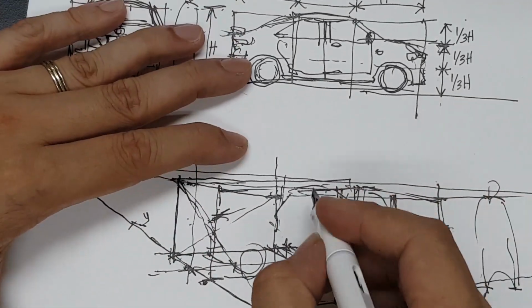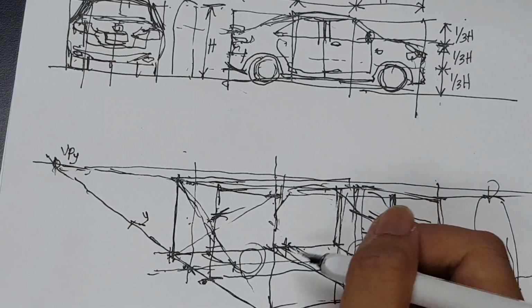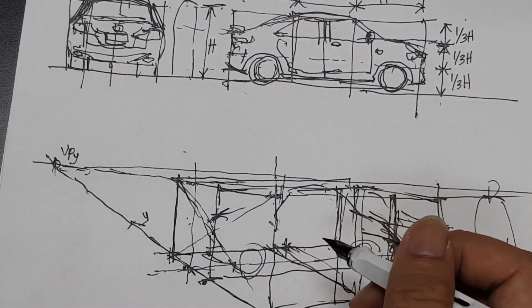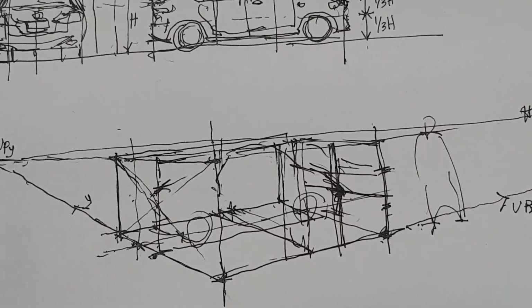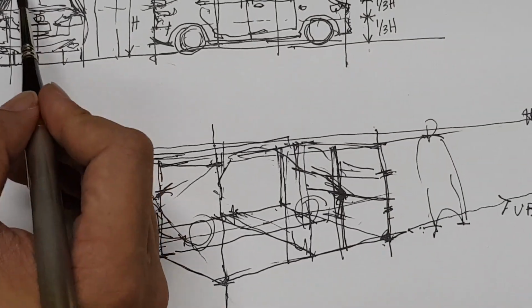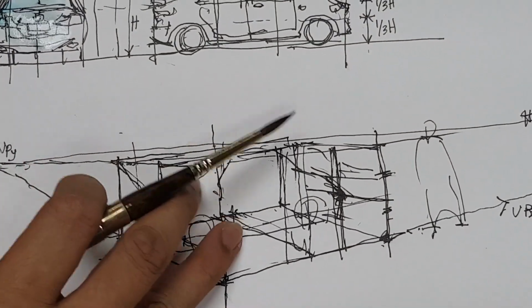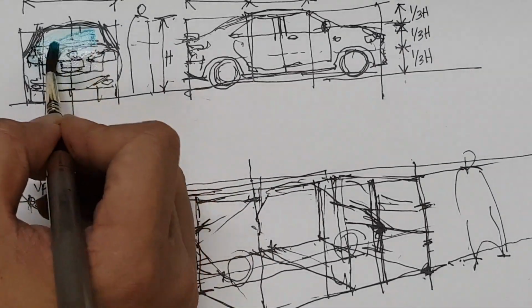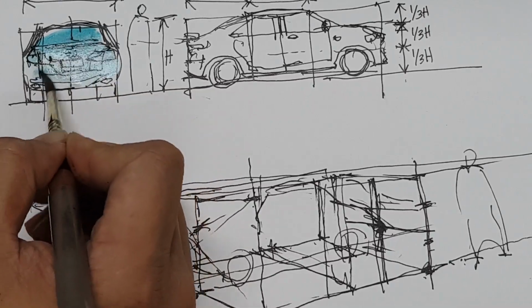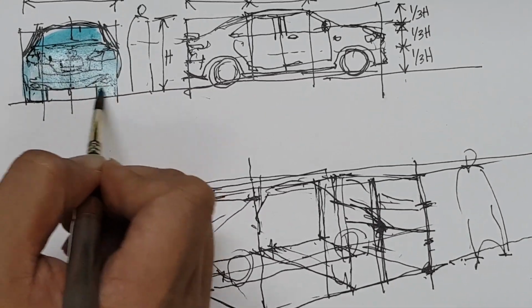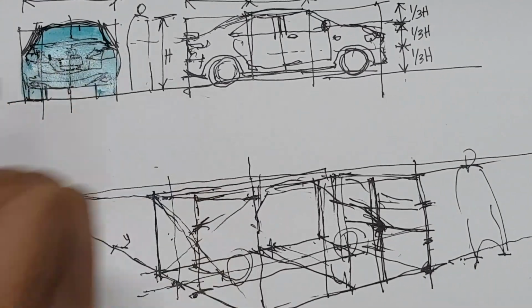Tell you what, I think I need to make some coloring so that you can know what I'm talking about. So hold on. I'm gonna make some color codings. For example, this plane is gonna be colored in this teal blue, so that you know what I'm talking about. The section.